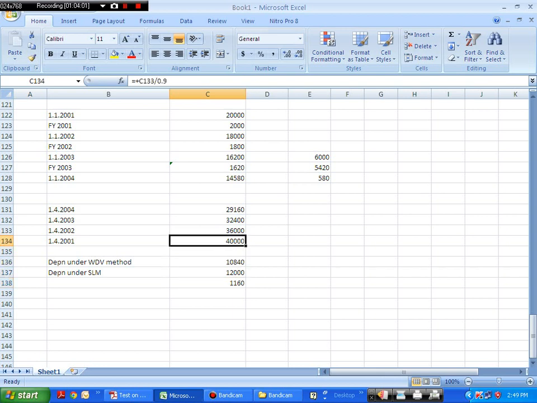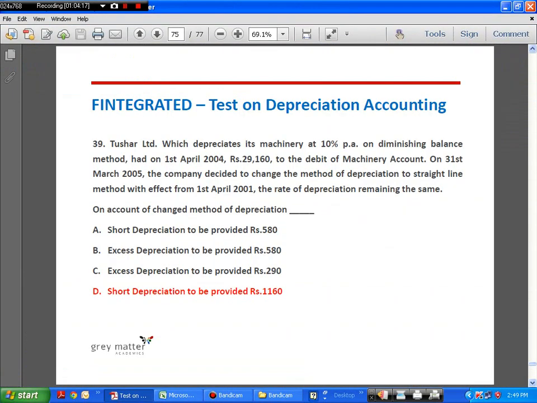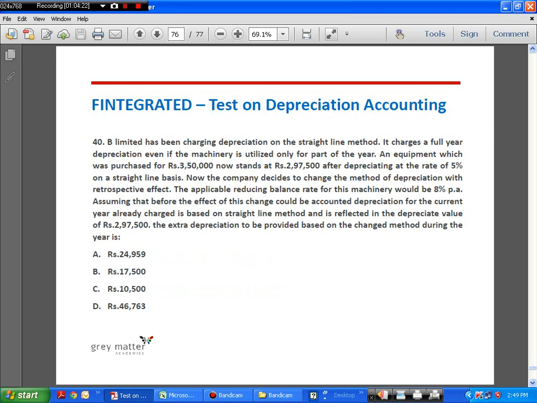That is from 1/4/2001 to 31st March 2003. Okay, that is 3 years, and so the depreciation would have been 12,000 rupees, while under the WDV method it has been 10,840, and so the short depreciation that is to be charged is 1160, right?